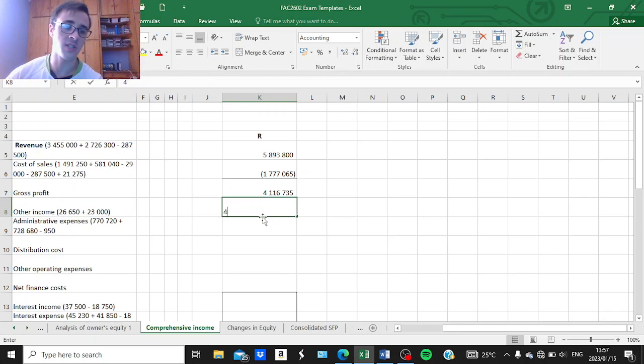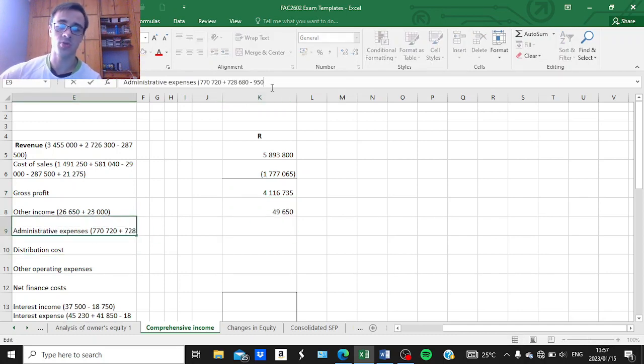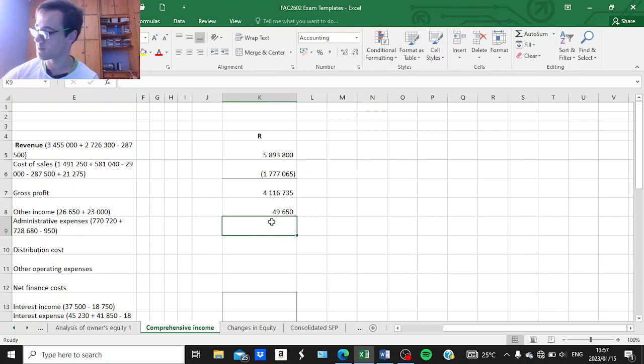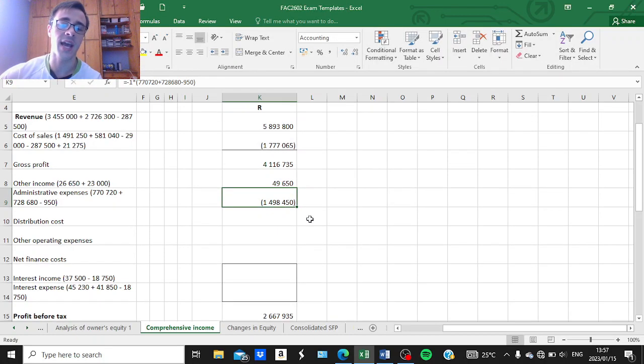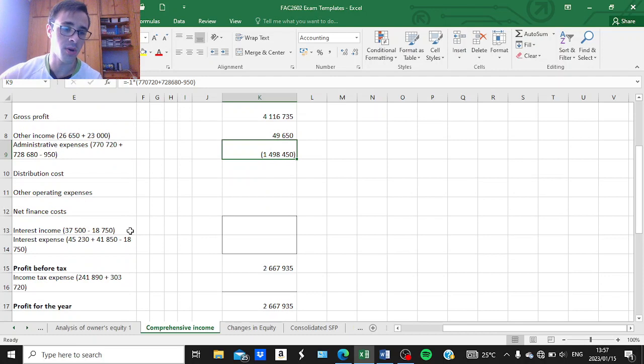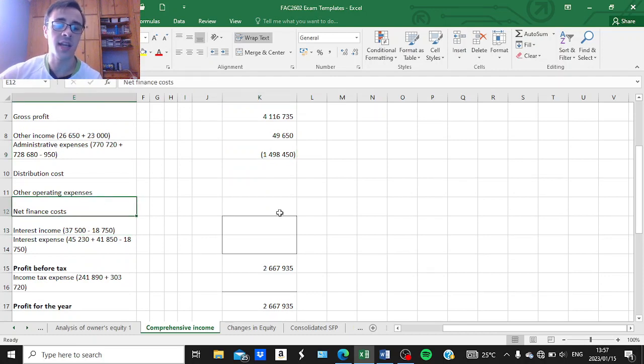Other income would be 49,650. Administrative expenses will be 1,498,450.